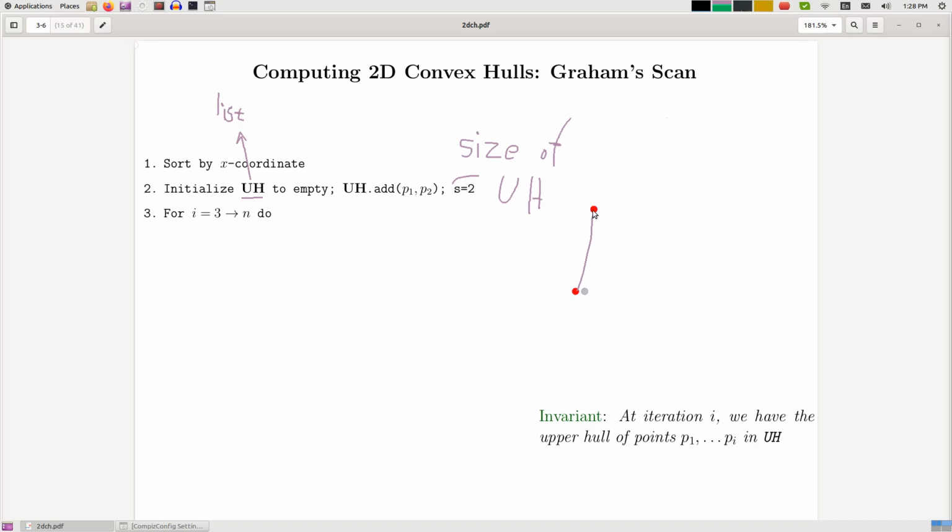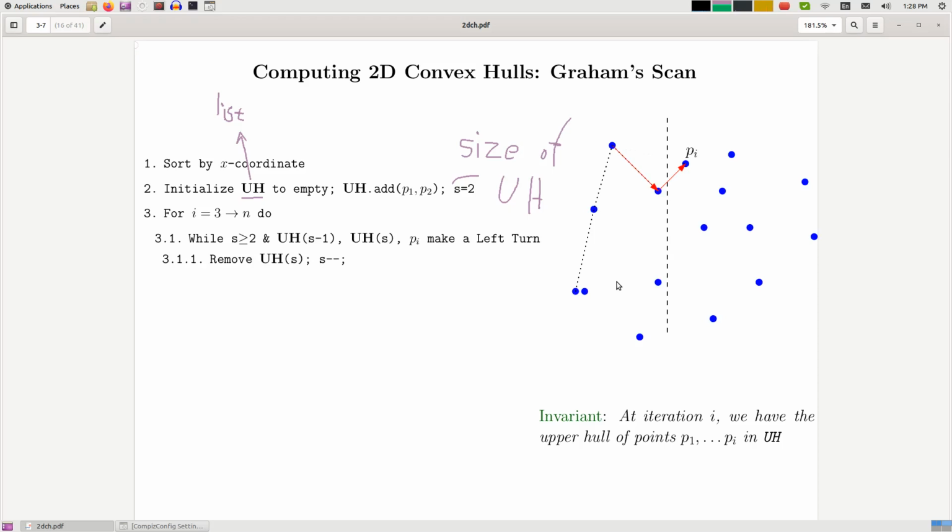Okay. So in general, how does this look? How do we do the iteration? So let's say this is a general case. In the general case, we have an upper hull of everything from 1 to i minus 1. So this is point 1, and this is point i minus 1. Everything to the left, essentially, these are all the points from 1 to i minus 1.